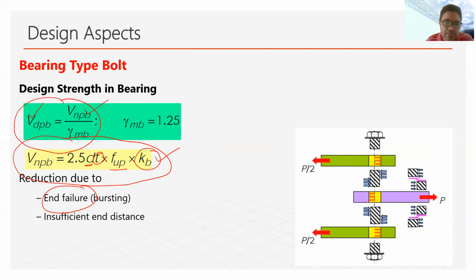There I explained that there is sometimes split edge failure, which means if we provide insufficient edge distance, then there may be chances that it may fail like this. This is called splitting failure. To avoid that, this Kb factor is applied so that it will check this split failure.